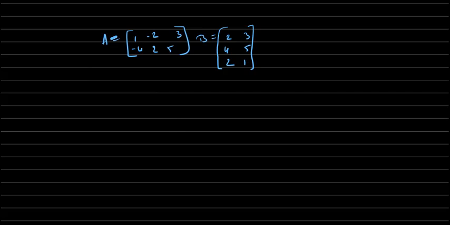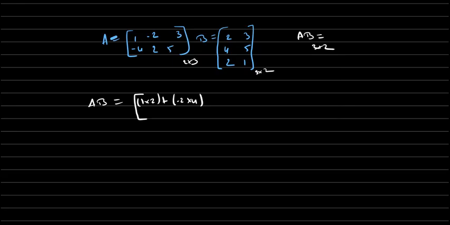Now you need to find AB. The order of the matrix AB will be 2 into 2. Okay, this is simple. Now we will start with 1 into 2 plus minus 2 into 4 plus 3 into 2.